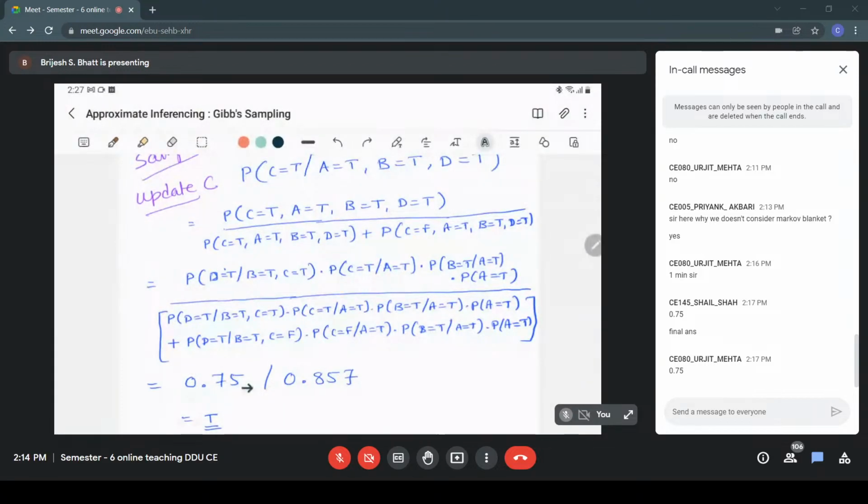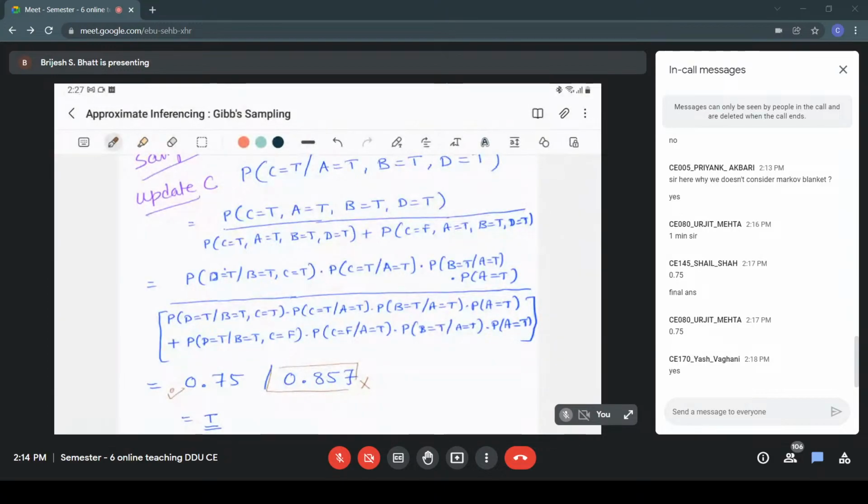But anyway, it is 0.75. Let's say this is the correct answer, and 0.85 is not the correct answer. Let's discard that. If you're getting 0.75, then you would assign the value true to the random variable C, since the probability of C equal to true is 0.75.